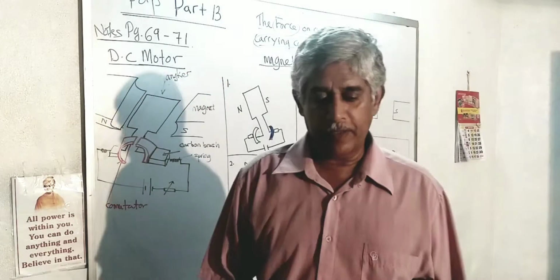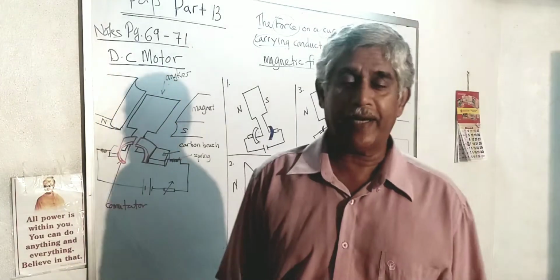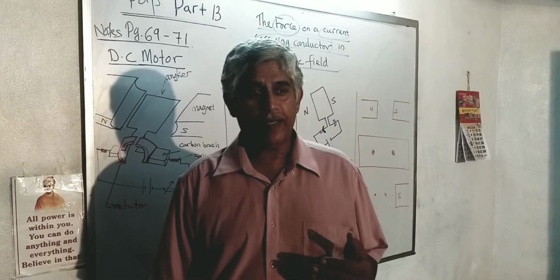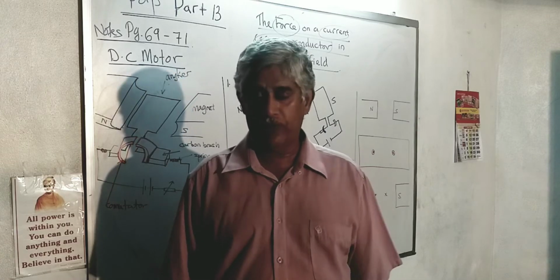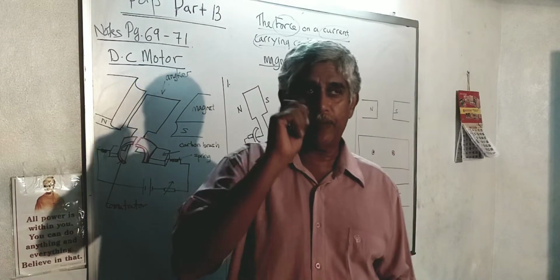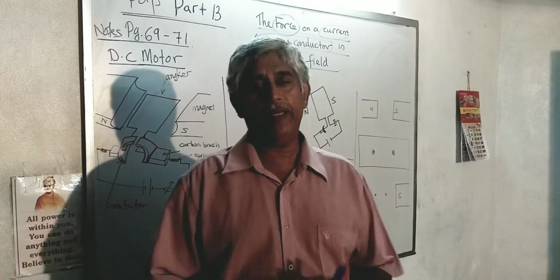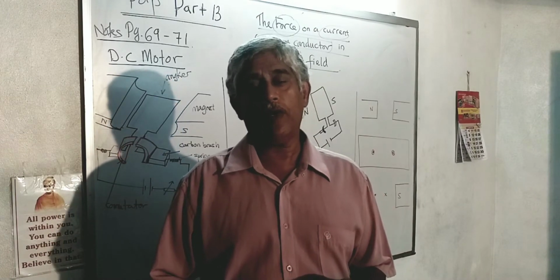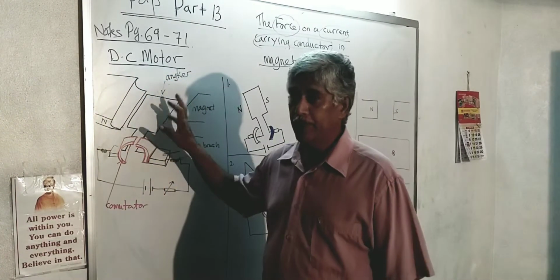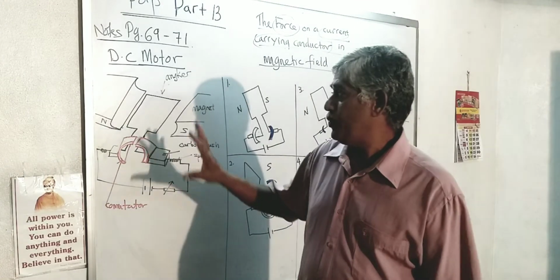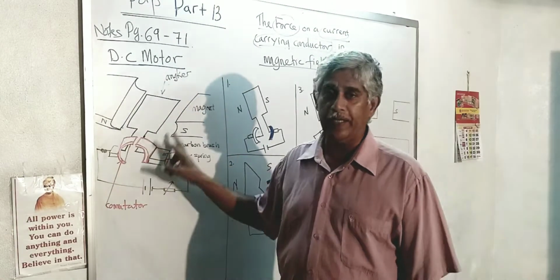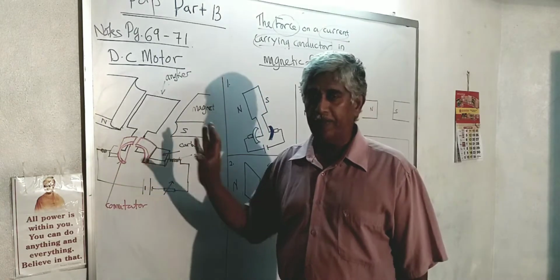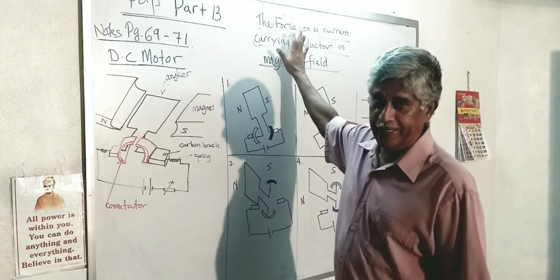The force that is created in the magnetic field can make any conductor in the magnetic field move. The purpose of learning that is basically to learn how a motor functions. By the end of this lesson you should be able to explain how the rotation in a motor takes place. It's basically applying this idea.